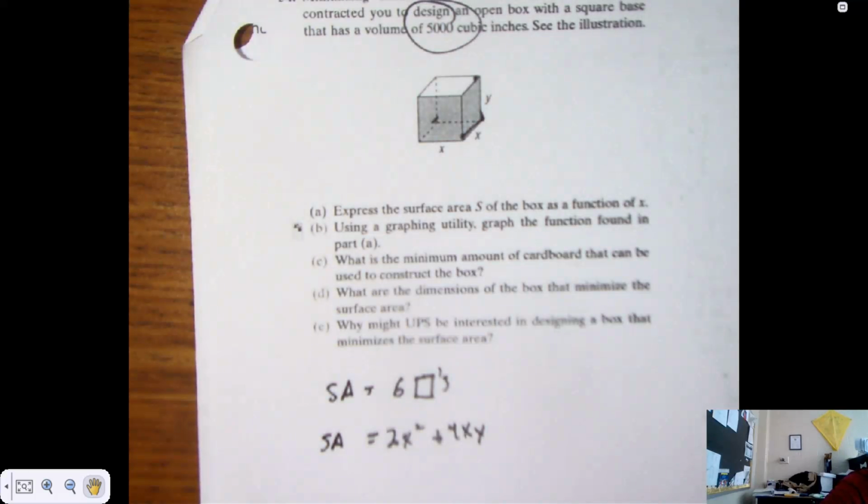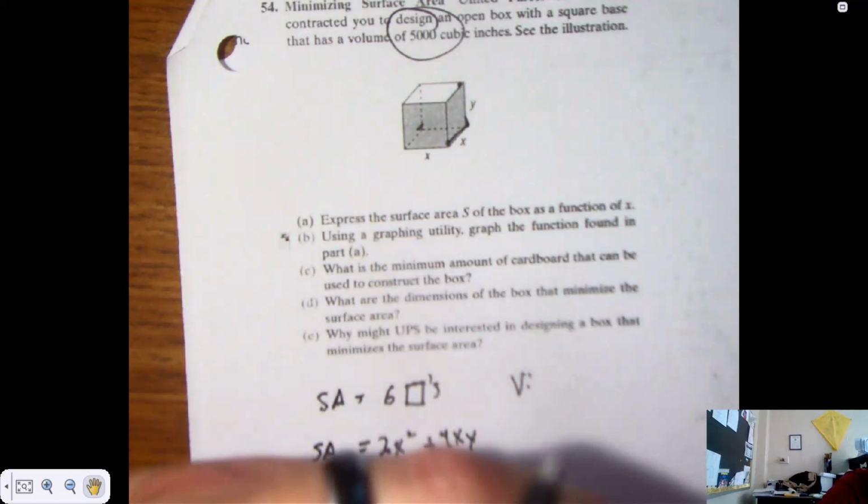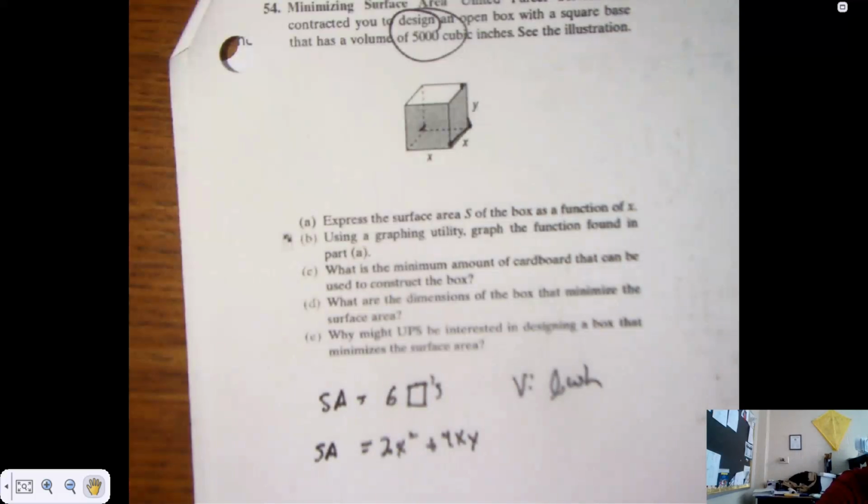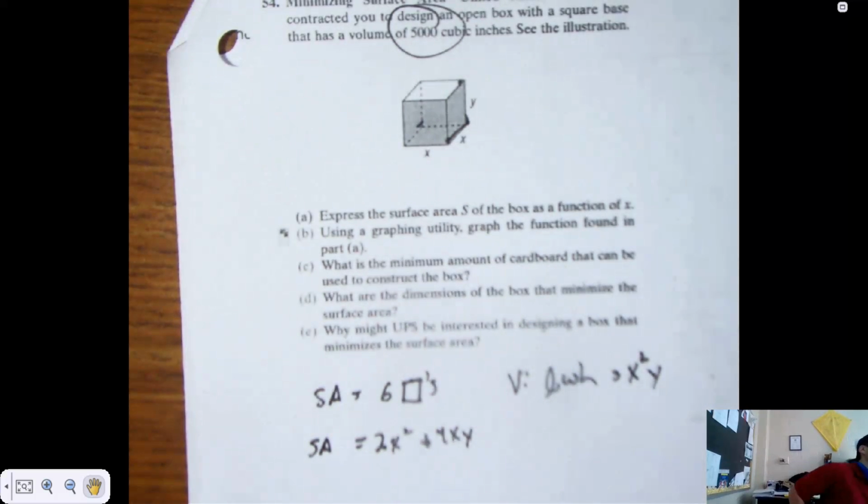Well, they tell you the volume. Now you find volume. Length times width times height works. So it's x, x, y, because length and width are x and the height is y. What do you know about that volume?